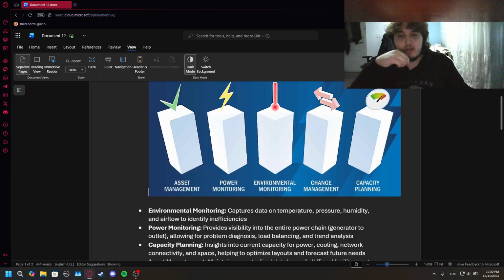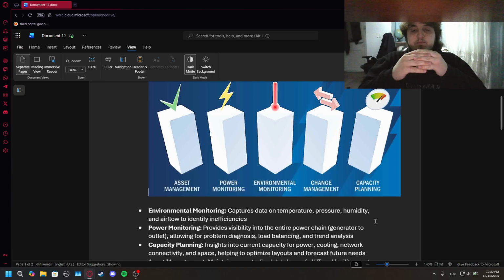Power monitoring provides visibility into the entire power chain, generator to outlet, allowing for problem diagnosis, load balancing, and trend analysis. In this explanation, maybe you might be confused with what trend analysis is, so I'll explain that.